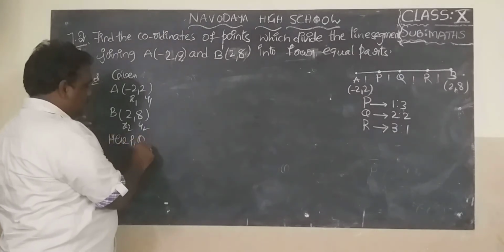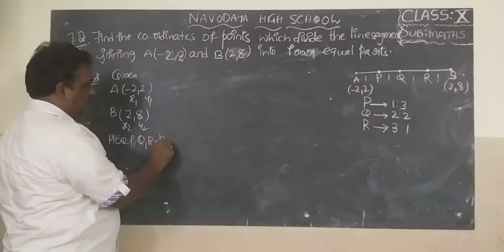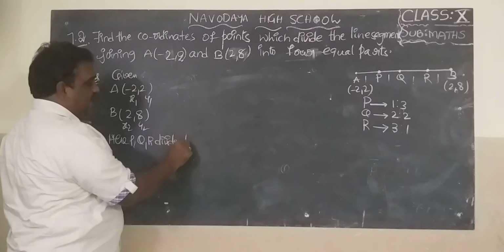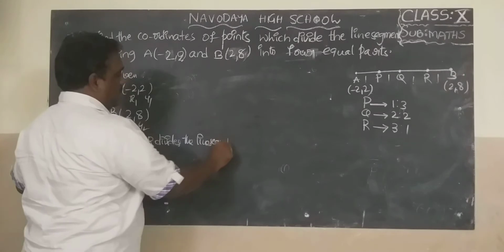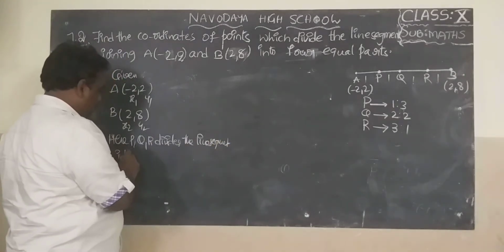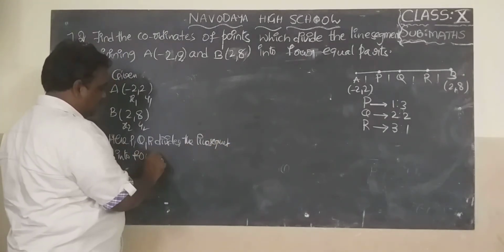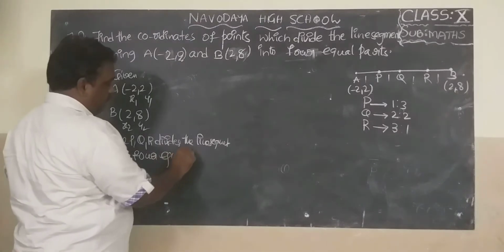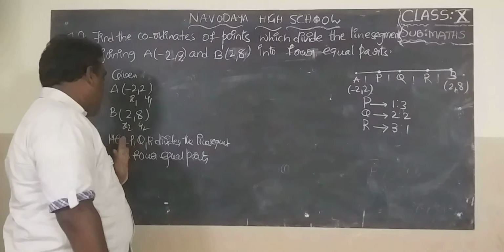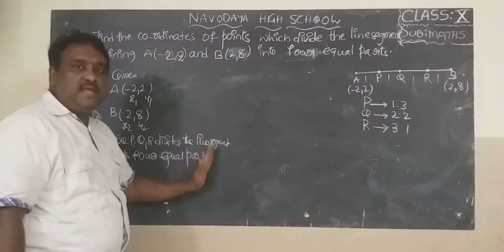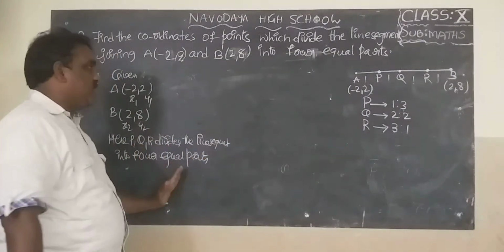P, Q, R divide the line segment into 4 equal parts.